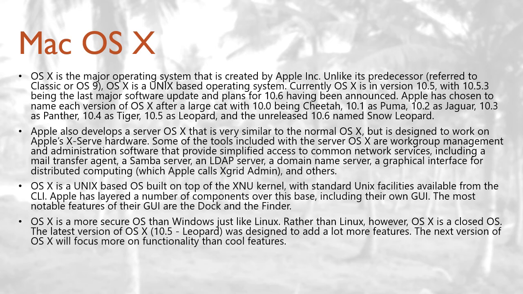OS X is a more secure OS than Windows, just like Linux. Unlike Linux, however, OS X is a closed OS. The latest version of OS X, 10.5 Leopard, was designed to add a lot more features. The next version of OS X will focus more on functionality than cool features.